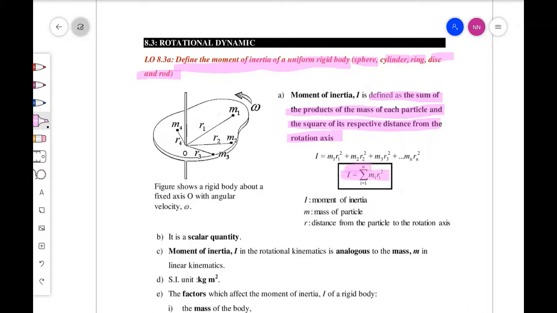Kita boleh guna equation moment of inertia I equals mr squared ni untuk partikel. Ini adalah general formula untuk moment of inertia. Dalam formula ni I itu adalah simbol untuk moment of inertia. M ni adalah mass of particle dan dia mestilah dalam unit kilogram.